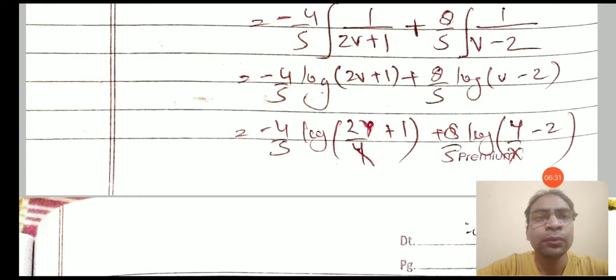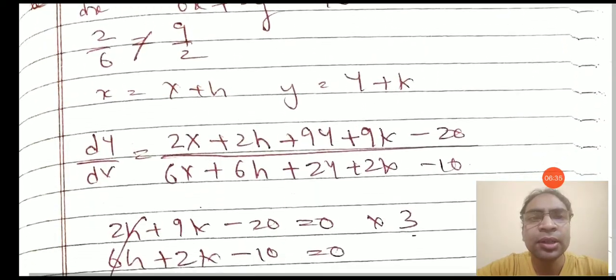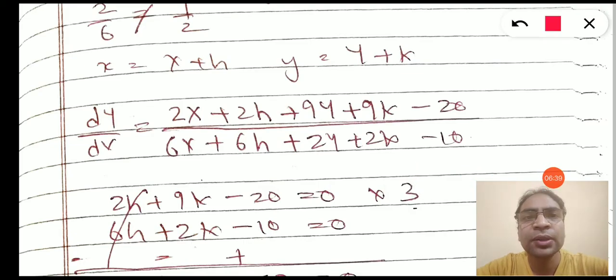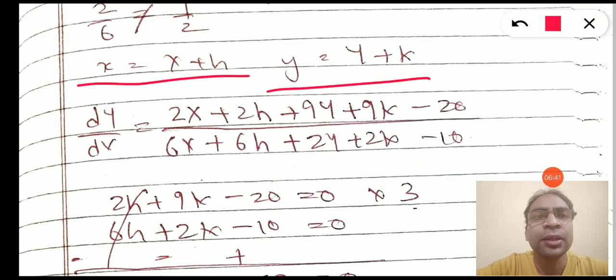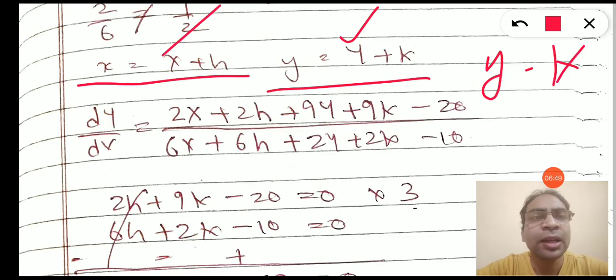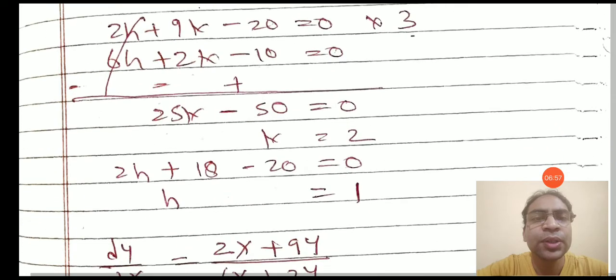You can see that we have substituted, yes, this is the substitution we had done. So x is capital X plus h and y is capital Y plus k. We need to substitute this capital Y back, so this will be y minus k, and this capital X back will be x minus h. We already calculated the values of h and k: h is 1 and k is 2.